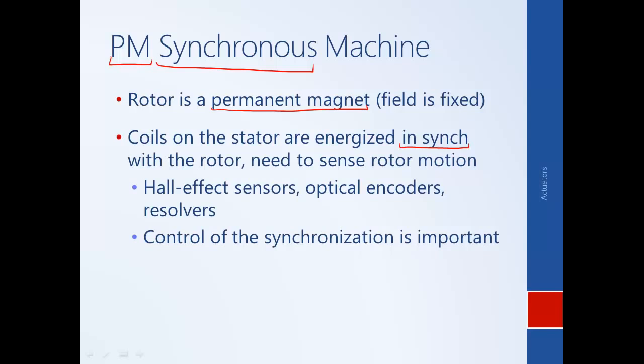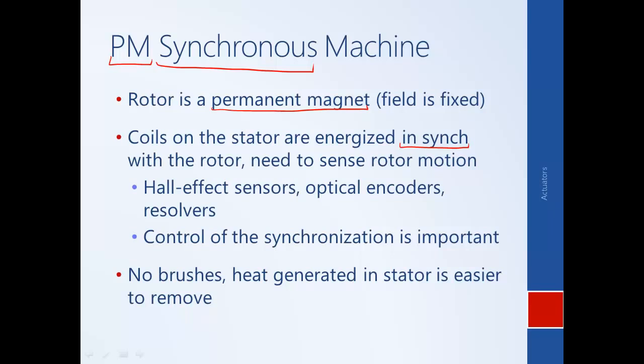And the control of the synchronization is very important to the operation of the motor. This is something we'll talk about a little bit later on in the course. And because there are no brushes, the armature itself is in the stator and it's stationary, so we don't have any need for brushes in order to get electricity to the stator.